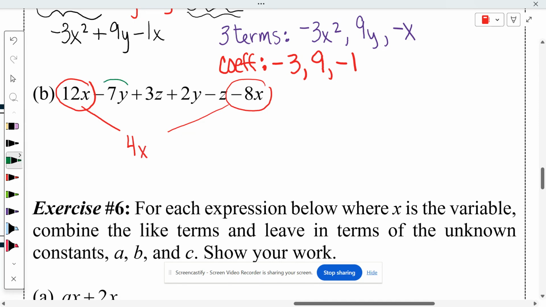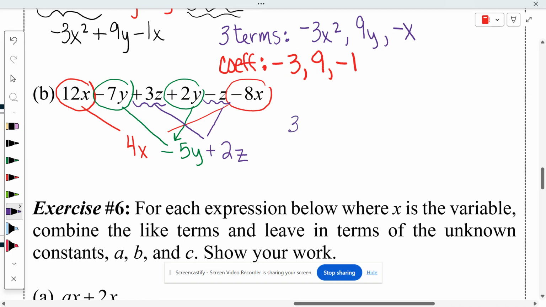I have a negative 7y and a positive 2y. Negative 7 and positive 2 give me a negative 5y. My last terms, a positive 3z and a negative z. 3 minus 1 is 2.